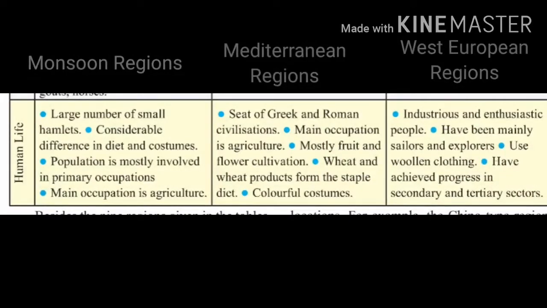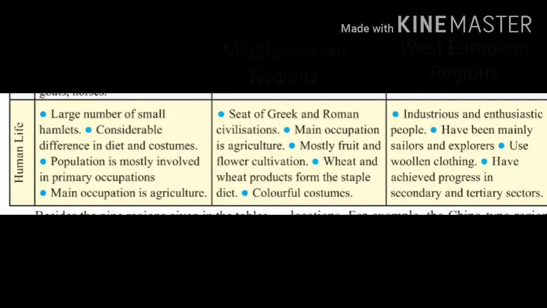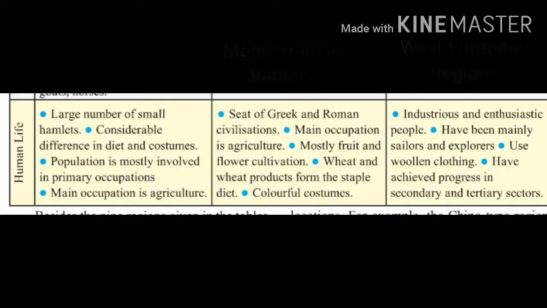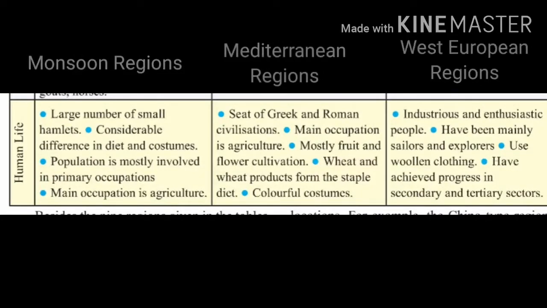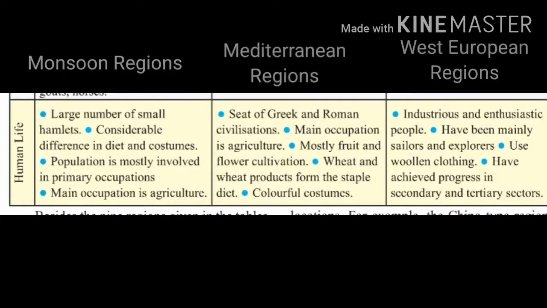Now we will see the human life of monsoon region, Mediterranean region and West European region. Human life of monsoon region: large number of small hamlets, considerable difference in diet and costumes. Population is mostly involved in primary occupations.